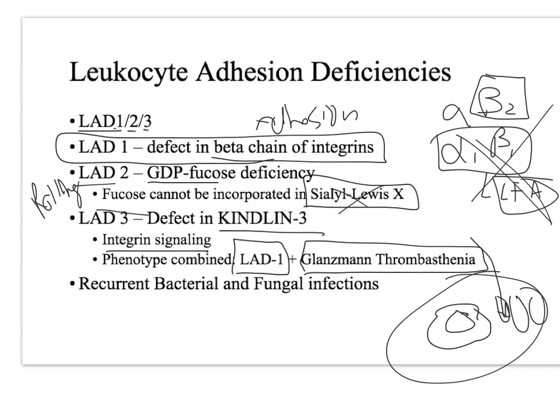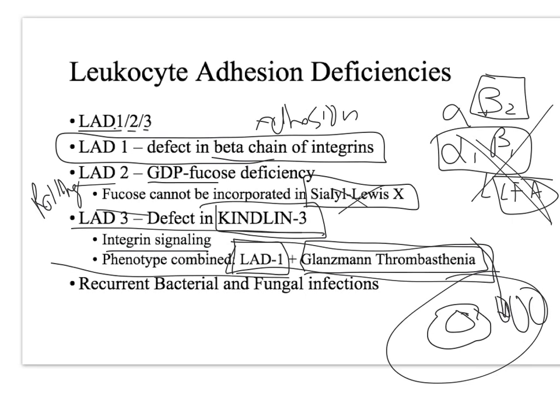I'm not going to go through what Glanzmann thrombasthenia is, except to remind you that it is a defect in the GP2B3A receptor, and that's for platelet aggregation. So you get a combination of two phenotypes with this LAD3 deficiency, and it's due to a defect in Kindlin3.